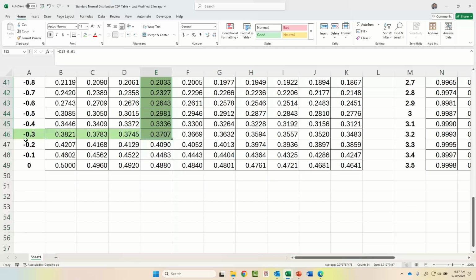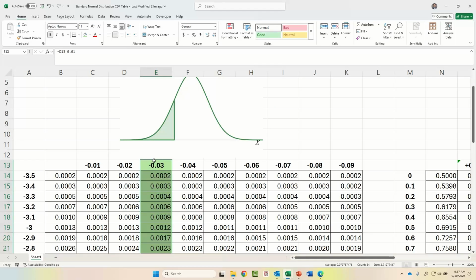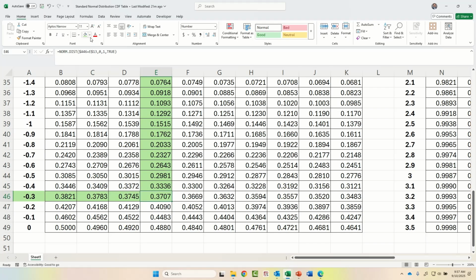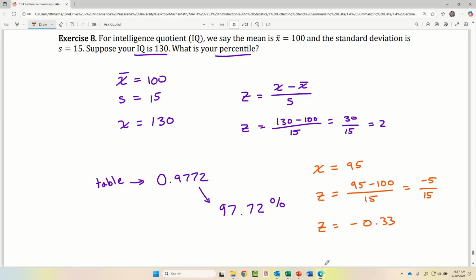And at the intersection of the -0.3 row and the -0.03 column, this intersection is going to have the percentile that corresponds to my z-score, which is 0.3707. Converting that to a percent makes it 37.07%. And so with an IQ of 95, that makes you smarter than 37.07% of the population. That's how we interpret percentiles, and that's how we find percentiles using the standard normal distribution CDF table.